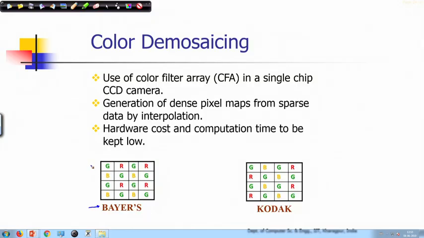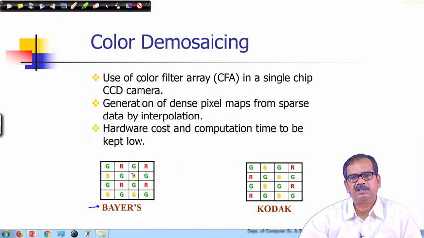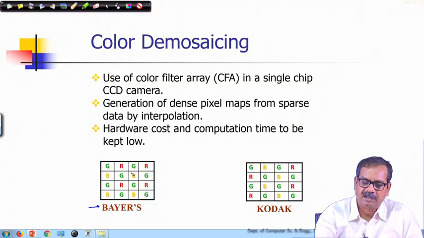In this pattern, green and red are interleaved in one row, and in another row blue and green are interleaved. So, green has been sampled in the color filter array at twice the rate of red and blue. One consideration is that we are more sensitive to the green channel, so loss of information in the green channel will affect more than the other two components. That is why we have this kind of sampling pattern, but this is not the only pattern. We can have other kinds of patterns.